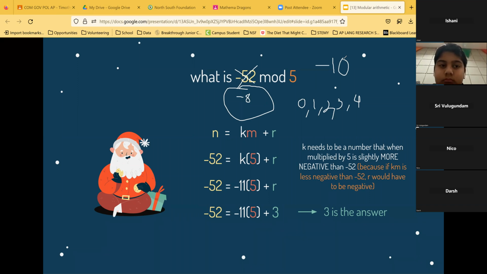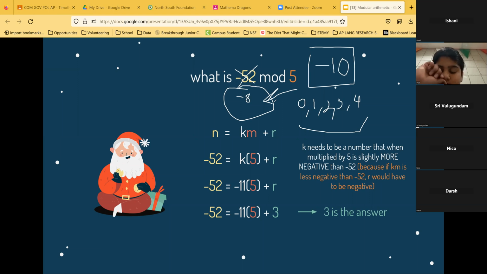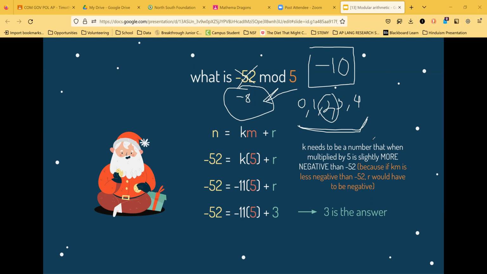So what we would have to do is find the remainder, which would have to be one of these 5 numbers, and have that remainder be something we can add to this multiple of 5 such that we get the original number, which is -8 in this case. So if we had to add a number to -10 to get -8, that would have to be 2. So 2 is 0, 1, 2, 3, or 4. It is one of these 5 numbers. So that means that 2 is the remainder, that 2 is the answer in the case of -8 mod 5.